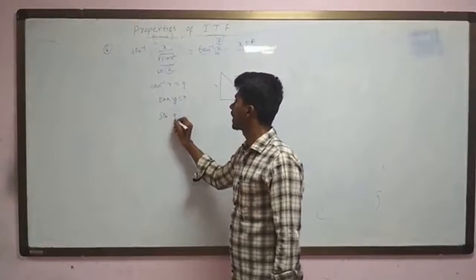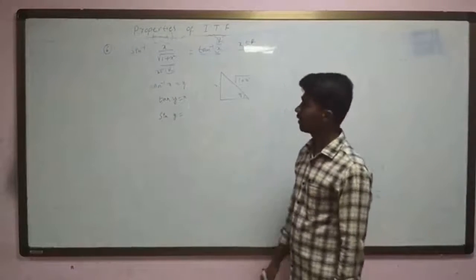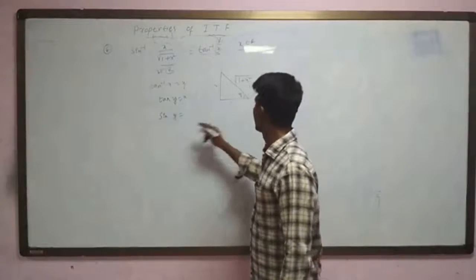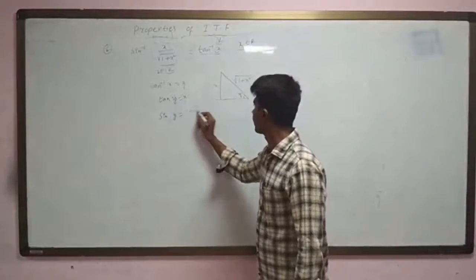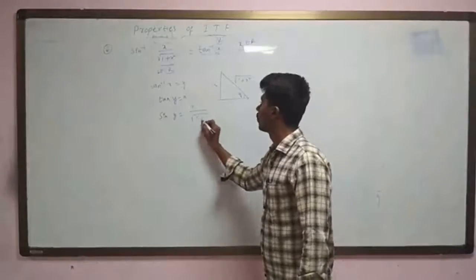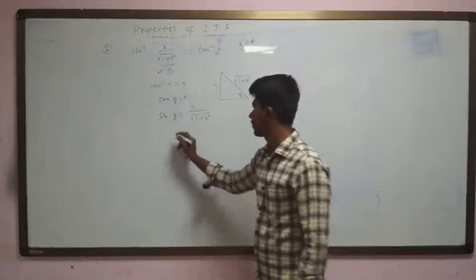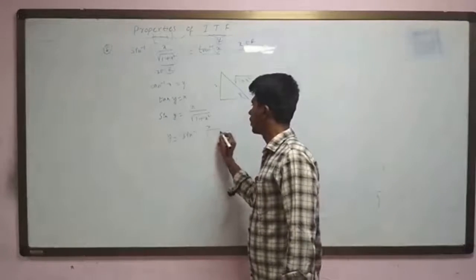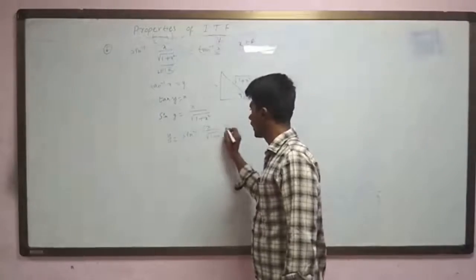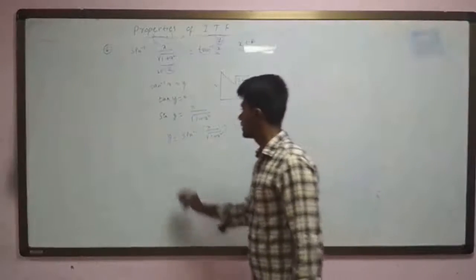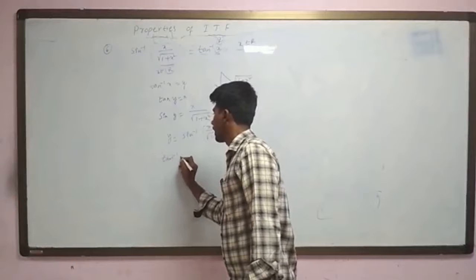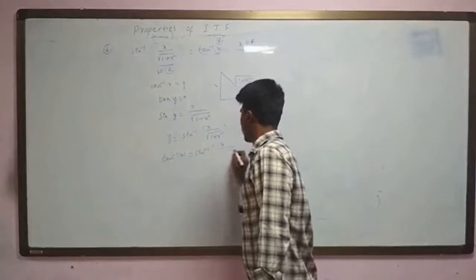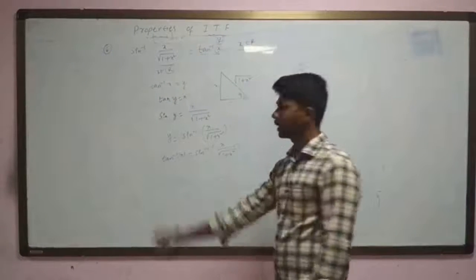So sine y is equal to x by root of 1 plus x square. So y is equal to sine inverse of x by root of 1 plus x square. What is y? Y is tan inverse x. So tan inverse of x is equal to sine inverse of x by root of 1 plus x square.